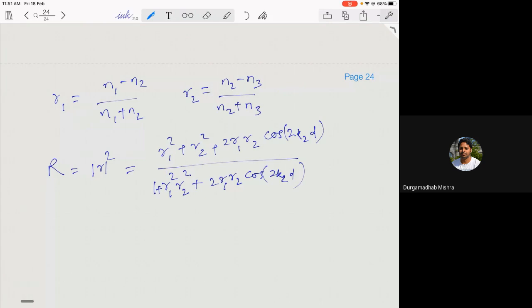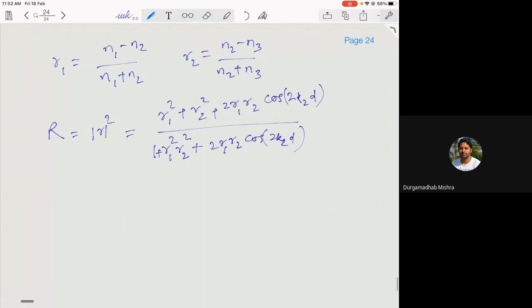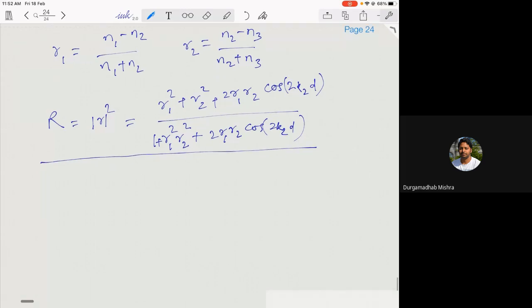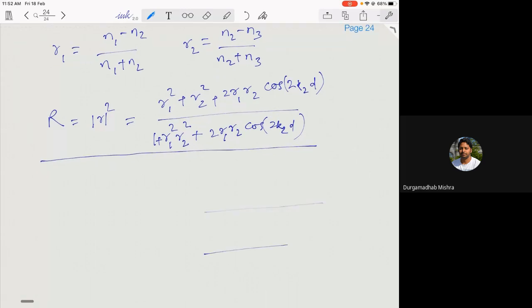Then how this is applied to the anti-reflection coating, that is the most interesting part. So after doing this rigorous mathematics, we will focus on this relation here. What we want is that we have a medium and we want to make an anti-reflective coating on it, and we want to find out what should be the thickness d and what should be the refractive index n.